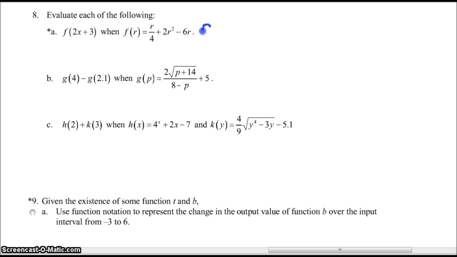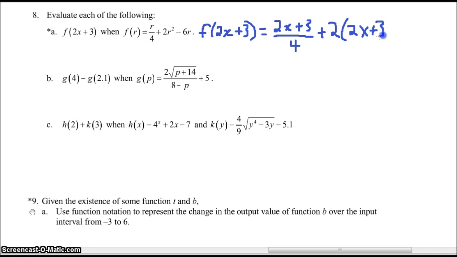So that'll give us something like this. f of 2x plus 3 equals 2x plus 3 over 4, just replacing that r with 2x plus 3, plus 2 times 2x plus 3 squared, and then minus 6r.